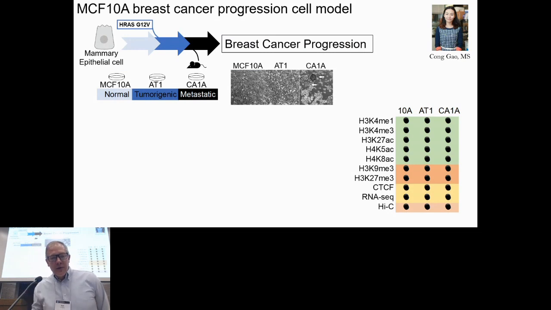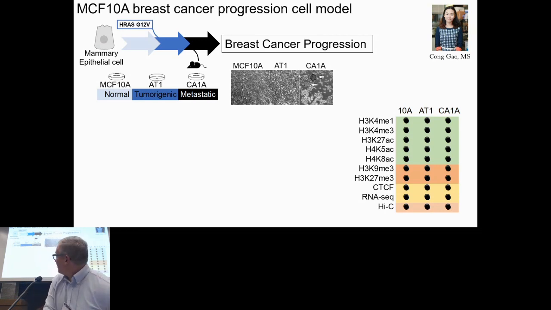So this model involves a stable introduction of a transgene, a constitutively active HRAS oncogene that renders this 10A cell line tumorigenic. And then this cell line went through a xenograft model to generate a lung metastatic cancer cell line.